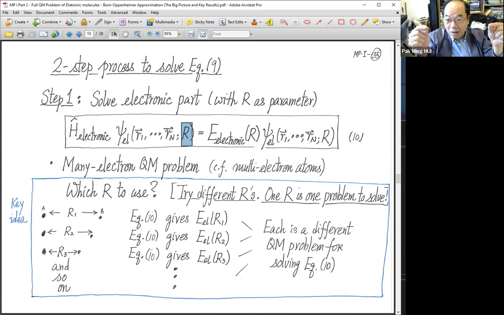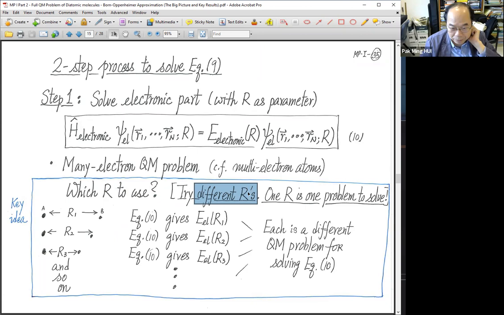So I have R as a parameter. The question is which R? The answer is try all possible R's you want to try, as far as your computer power can afford. So that is a clever answer, a lazy answer.